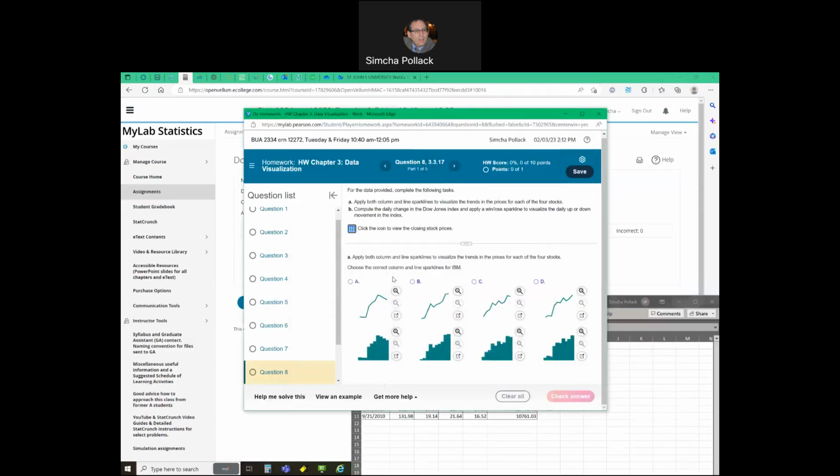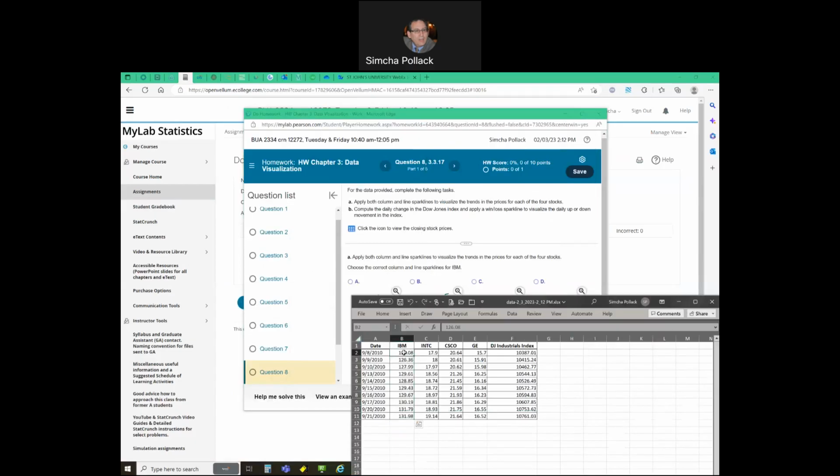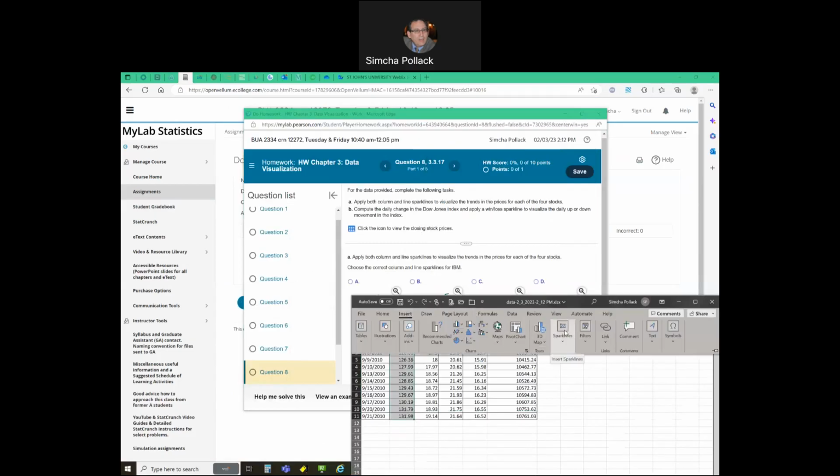Column and sparklines. We have to make two graphs. Let's look at the data again. Insert sparklines. Let's do the column first.